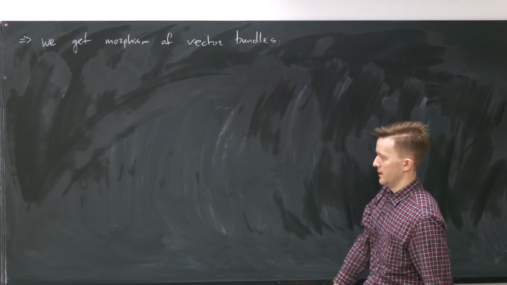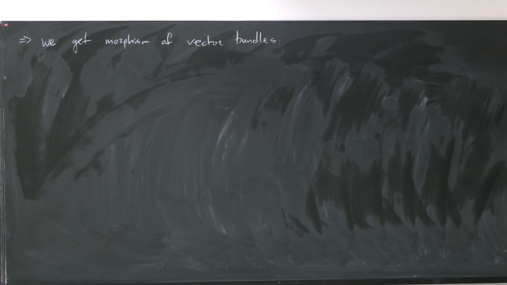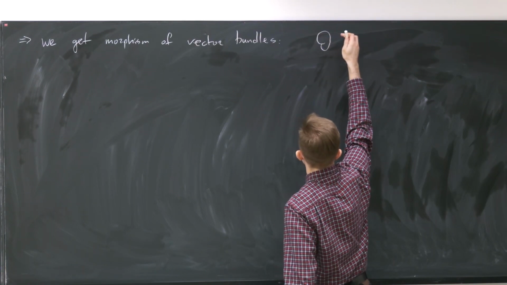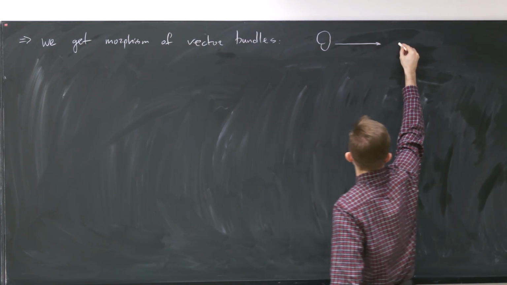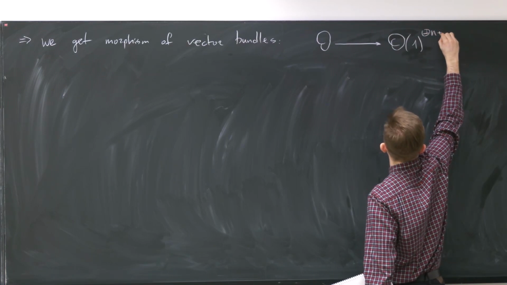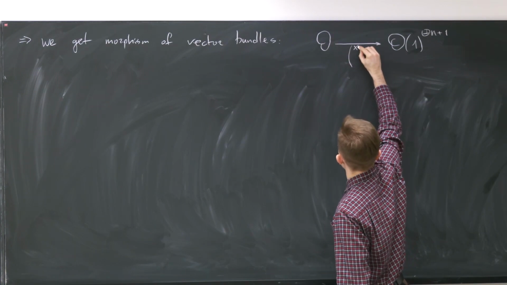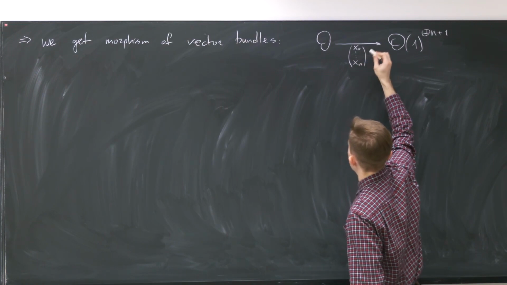We may view a section as a morphism from the structure sheaf to a vector bundle. Here I have several such morphisms, and I produce out of them the following map: O goes to O of 1 direct sum n plus 1 copies, given by all those linear forms x0 up to xn.